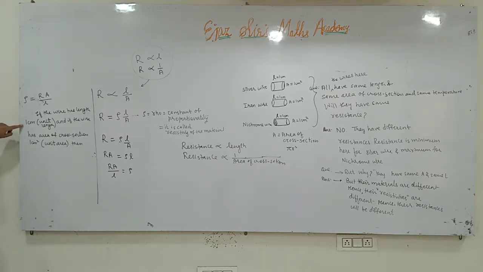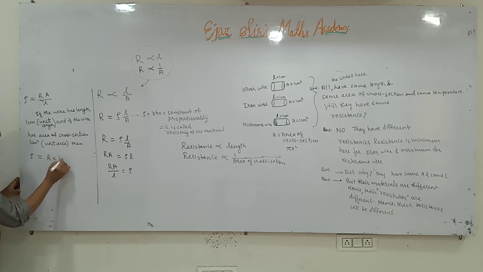Resistivity will be equal to R into area, 1 centimeter square, upon length, 1 centimeter. So these two will get cancelled. Resistivity will be equal to resistance.